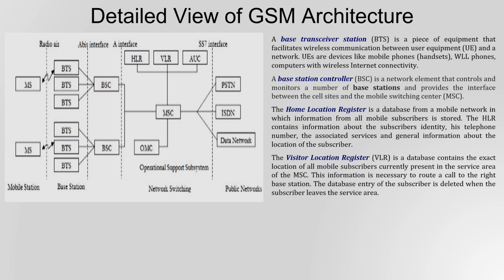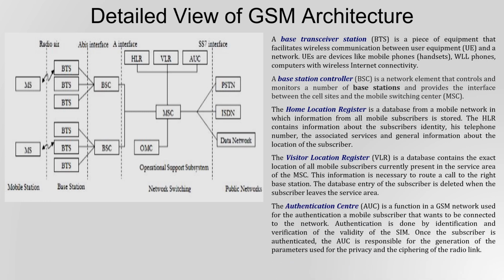Moreover, the next component connected to the MSC is AUC. AUC stands for Authentication Center. The main function of the AUC is to authenticate or validate the respective user. Whenever the user is allotted a particular channel to communicate, it is the responsibility of the AUC to keep the data transmitted by the MSC and the BTS encrypted.